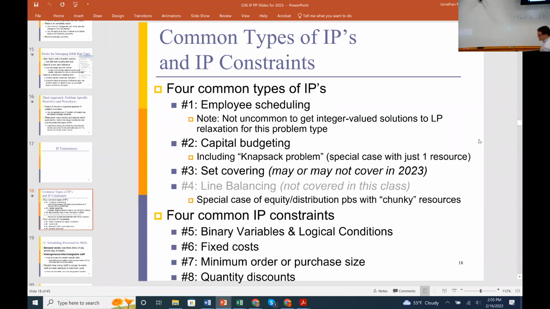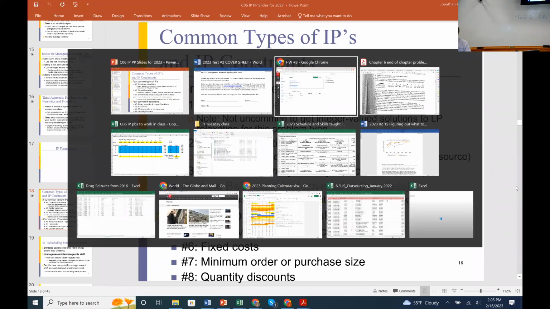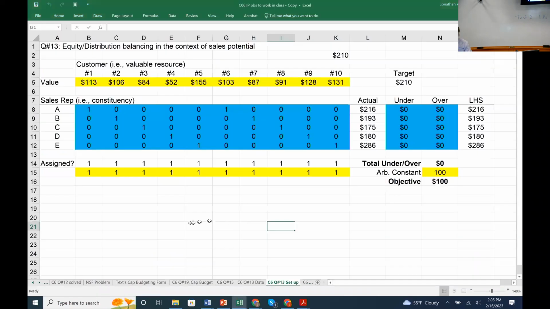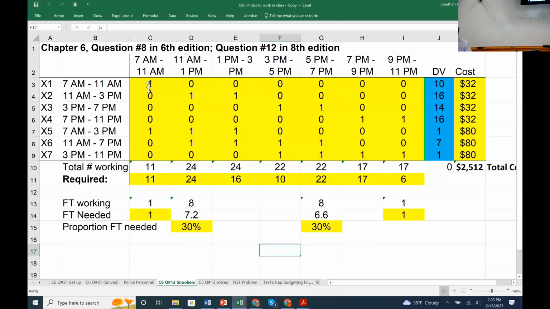And that is essential because you, the modeler, are going to construct a yellow box like this full of zeros and ones indicating whether somebody who is hired to work that shift is on duty in that time slot.